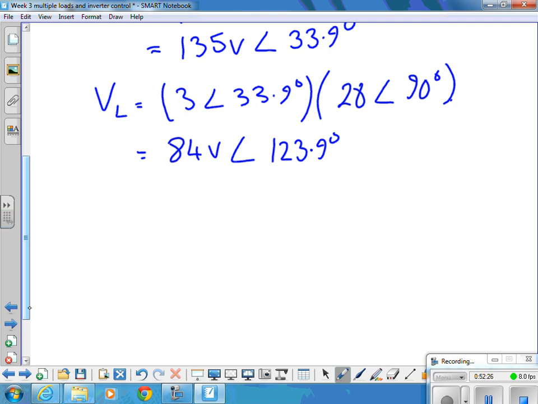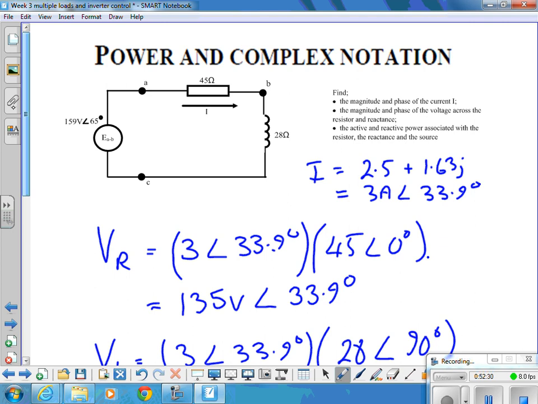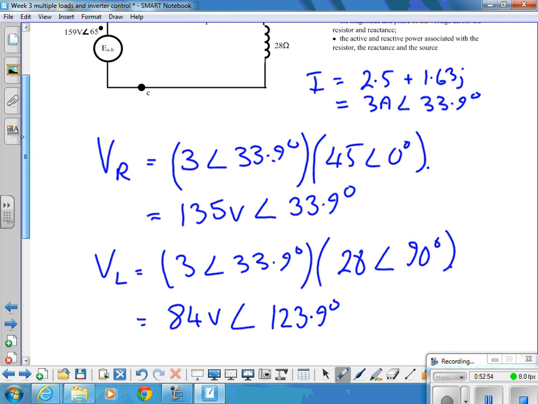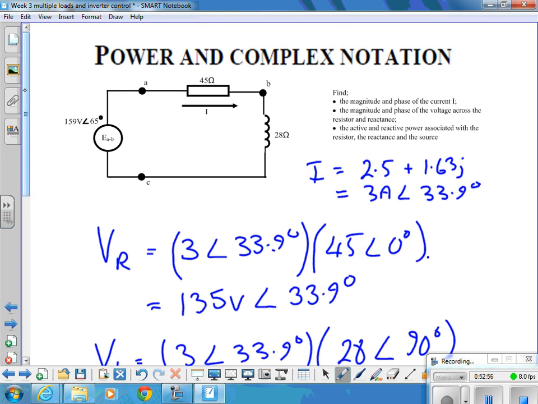So, what else have we been asked to find about this circuit? The active and reactive power associated with the resistor, the reactance, and the source. Now, to calculate the power, we've got to get rid of the angle involved.